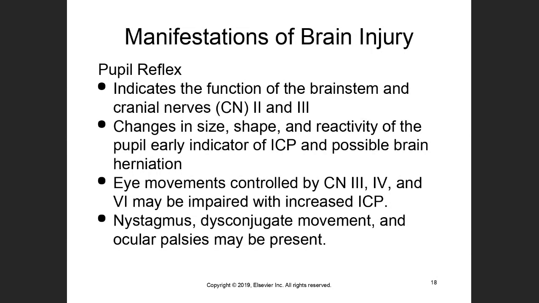Eye movement, controlled by cranial nerves number 3, 4, and 6, may be impaired with increased ICP, intracranial pressure. Nystagmus, disconjugate movement, and ocular palsies may be present. With nystagmus we have vertical or horizontal nystagmus. It's like movement of the eye.